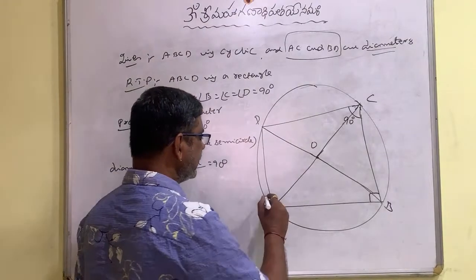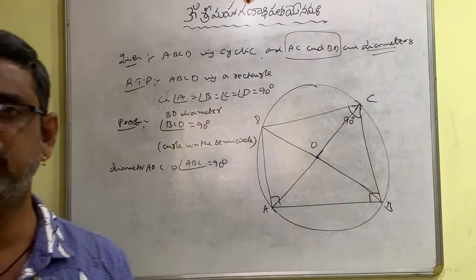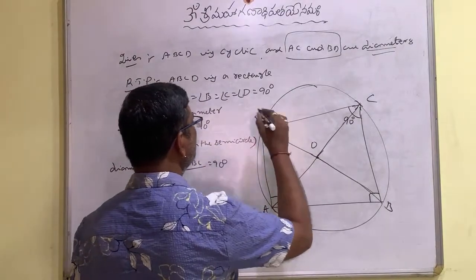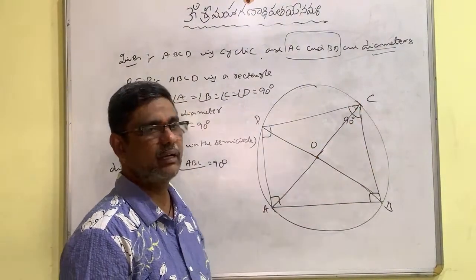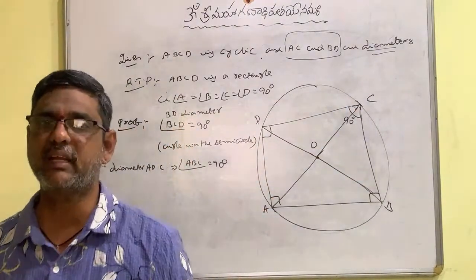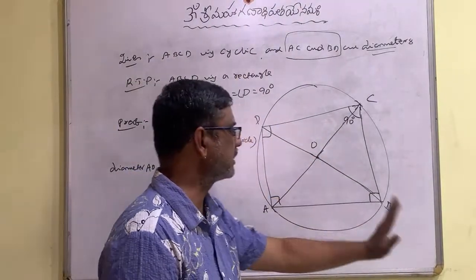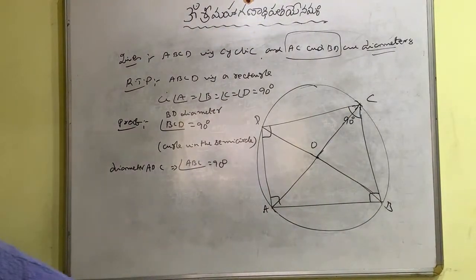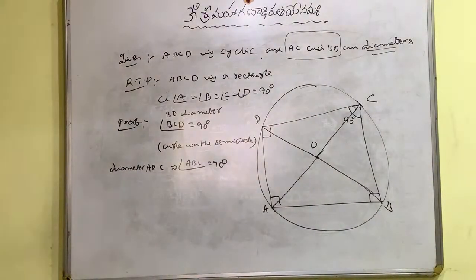Even this one is also 90, same reason. So angle ABC is 90 and ADC is 90, angles in the semicircle. This angle is in this semicircle and this one is in this semicircle. So now each angle is 90. All the four angles of quadrilateral ABCD are 90, 90, 90, 90. So we can call it a rectangle.